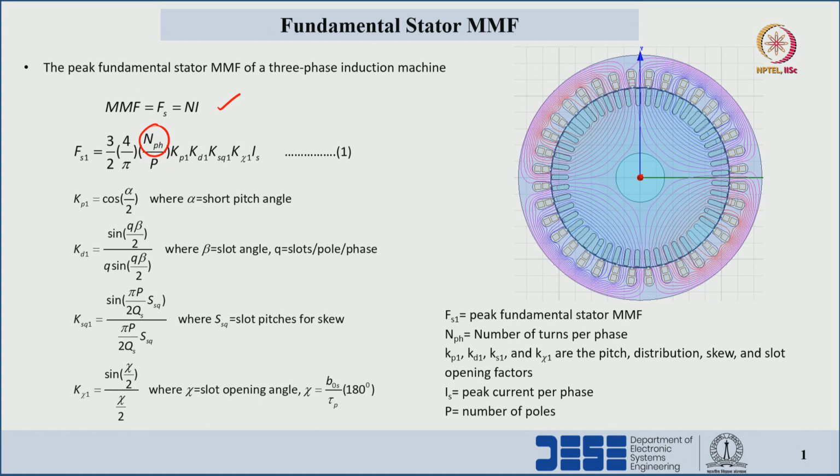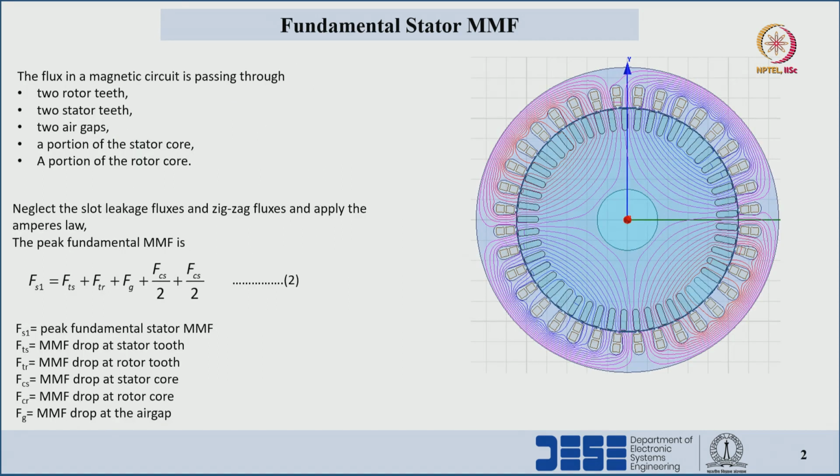Depending upon the number of turns per phase and the current, we calculate the peak fundamental stator MMF. Now we will calculate the MMF based upon the different drops at the various parts of the machine: at the core, what is the MMF drop; at the teeth, what is the MMF drop; at the air gap; and then in the rotor teeth and the rotor core.